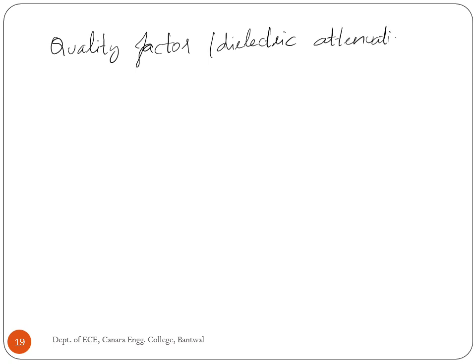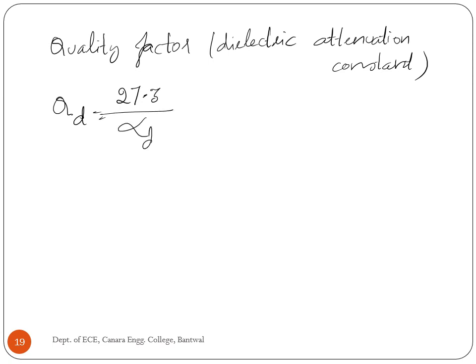A quality factor is related to the dielectric attenuation constant and is given by 27.3 divided by alpha d.